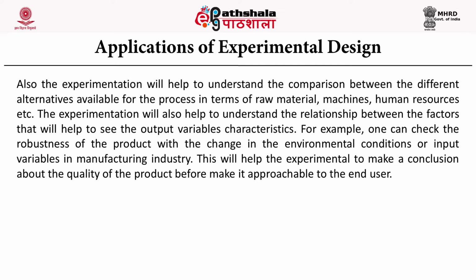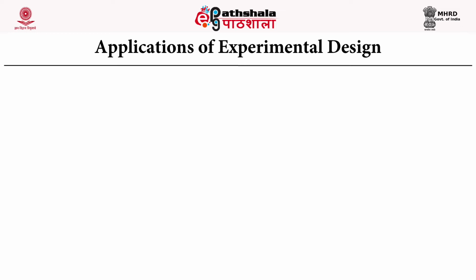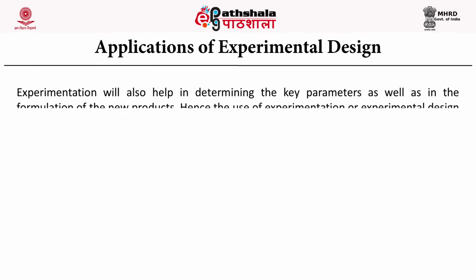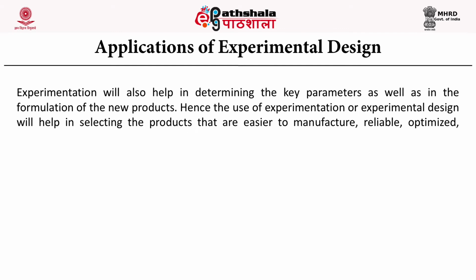For example, one can check the robustness of the product with the change in the environmental conditions or input variable in the manufacturing industry. This will help the experimenter to make a conclusion about the quality of the product before making it available to the end user. Experimentation will also help in determining the key parameters in the formulation of a new product.